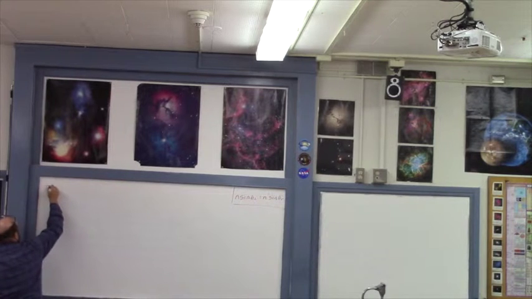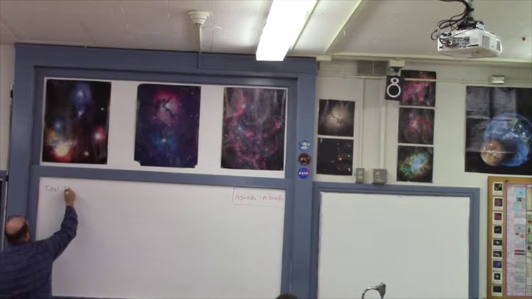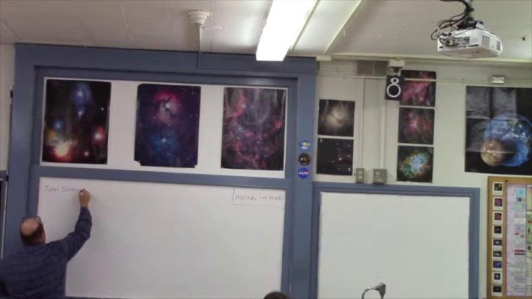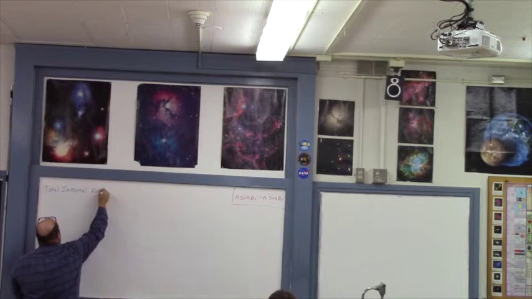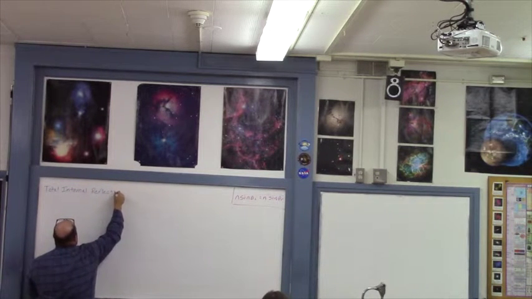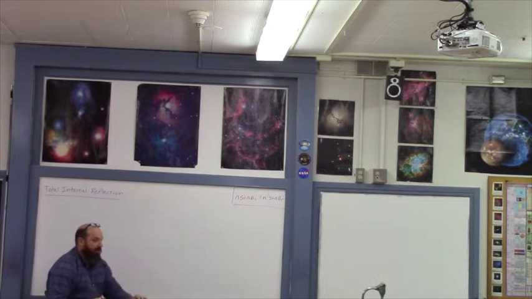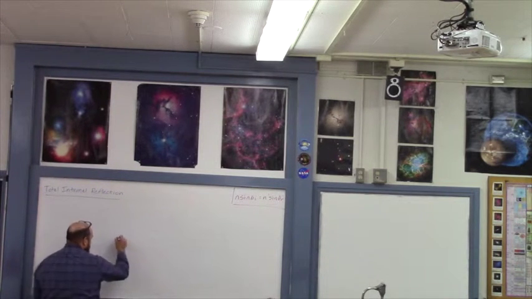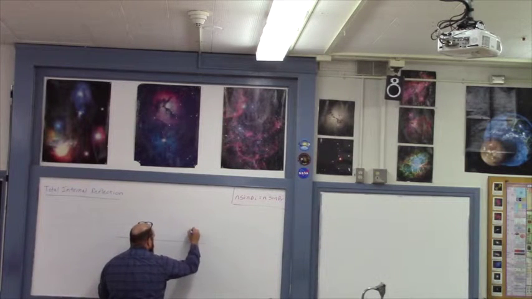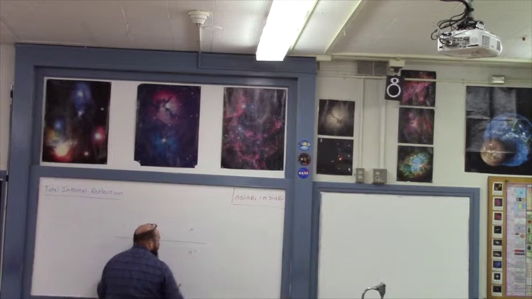Okay, it's called total internal reflection. I'm going to set up a refraction situation. I'll eventually demo this a couple of different ways for you. Here's a boundary between an n and an n prime.